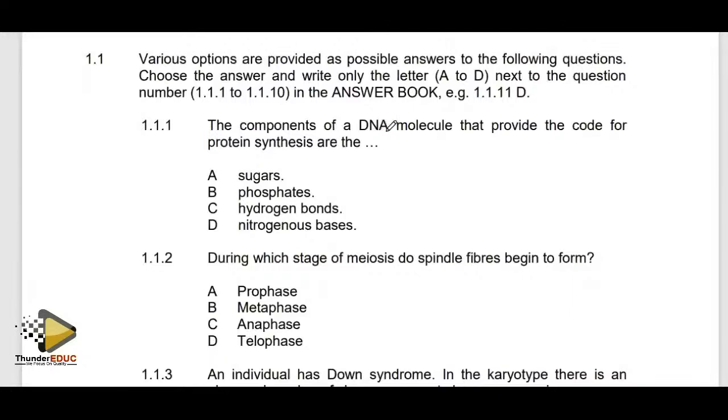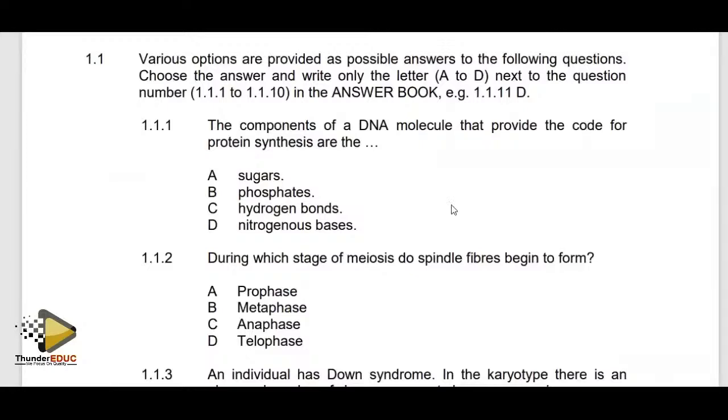The component of the DNA molecule that provides the code for protein synthesis. Which component of the DNA molecule provides the code for protein synthesis? What causes this are the nitrogenous bases. What are the nitrogenous bases?